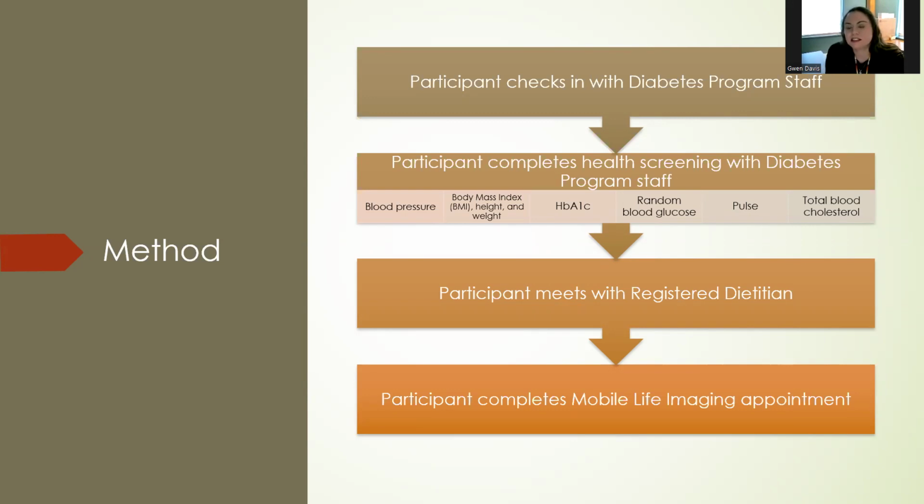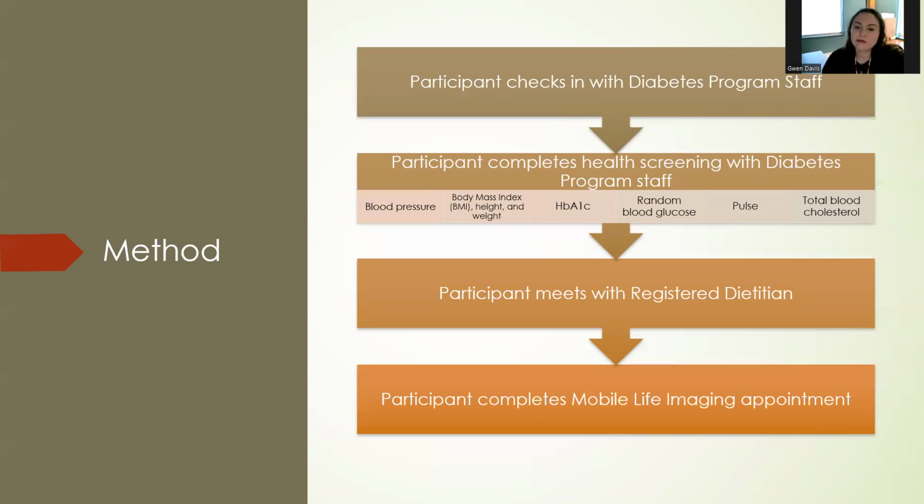The participant starts by checking in with the diabetes program staff at the registration table. The participant then moves on to the screening that is performed by the diabetes program staff. This includes blood pressure, BMI, height and weight, the hemoglobin A1C, a random glucose, a pulse, as well as a total cholesterol.